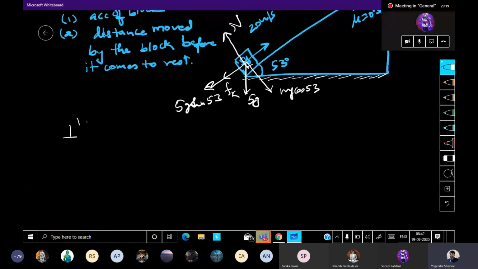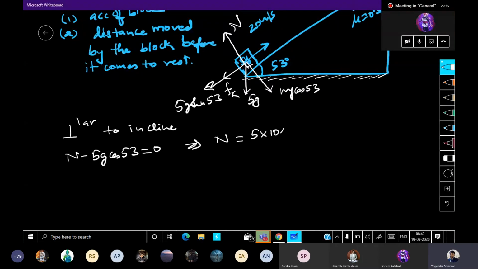N minus 5g cos 53 is equal to 0, and that gives us N is equal to 5g. 5 into 10 into cos 53, which is 3 by 5, gives N is equal to 30 newtons. Now, Fk will be mu K N. Mu is 0.5 and N is 30, so Fk comes out to be 15 newtons.